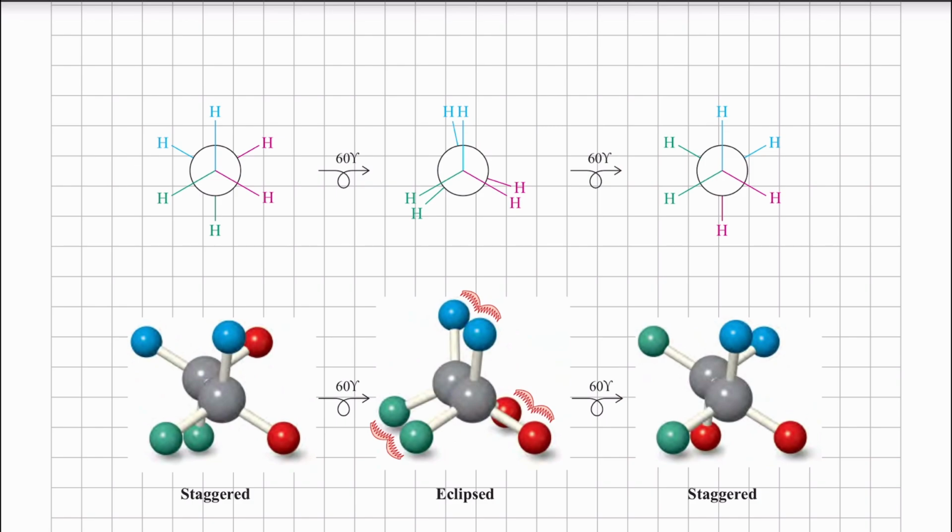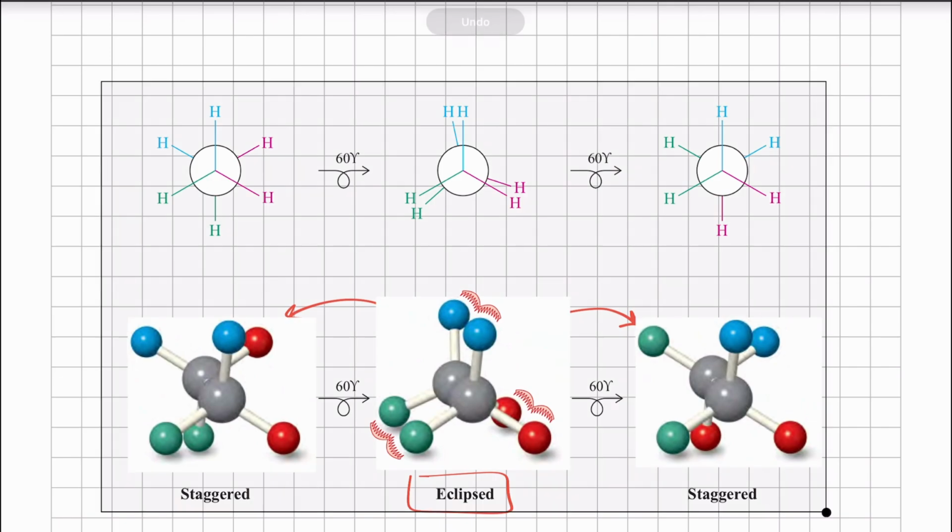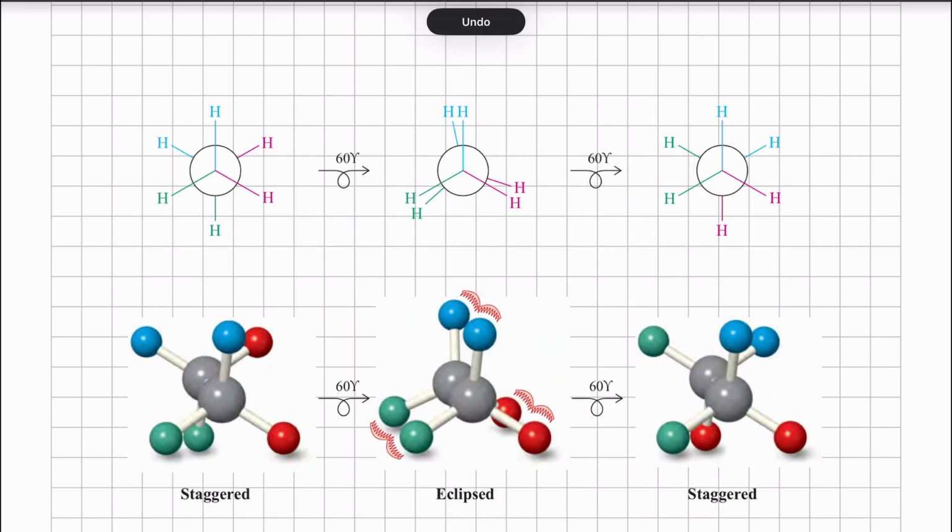For example, hydrogens have a little repulsion between each other. When they are in the eclipsed conformation, their repulsion makes them a little uncomfortable. So they want to change into the staggered conformation. So naturally, when we have a substance and our substance is ethane, if we take a picture of the substance at one moment, we can see both conformations in the sample.